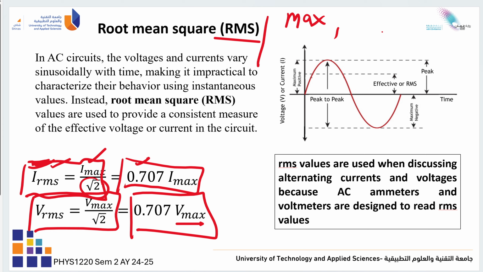Or if I want to write the voltage in the form of the maximum, I can write V maximum equals root 2 multiplied by V RMS. So this is the voltage in the maximum form.